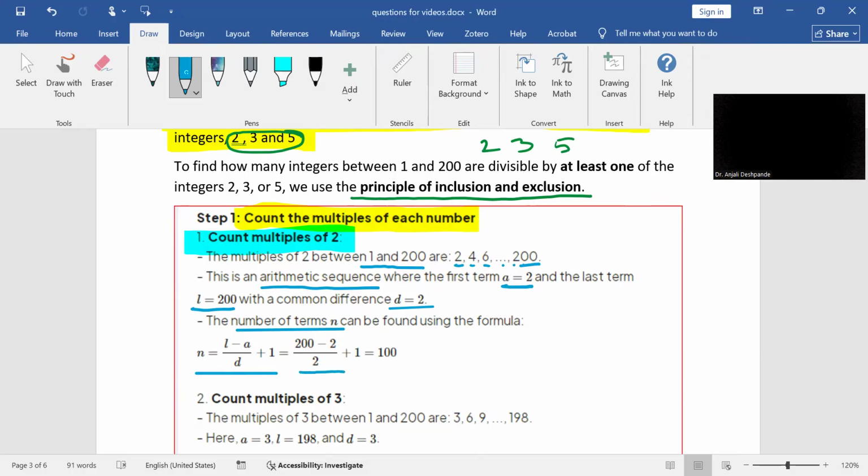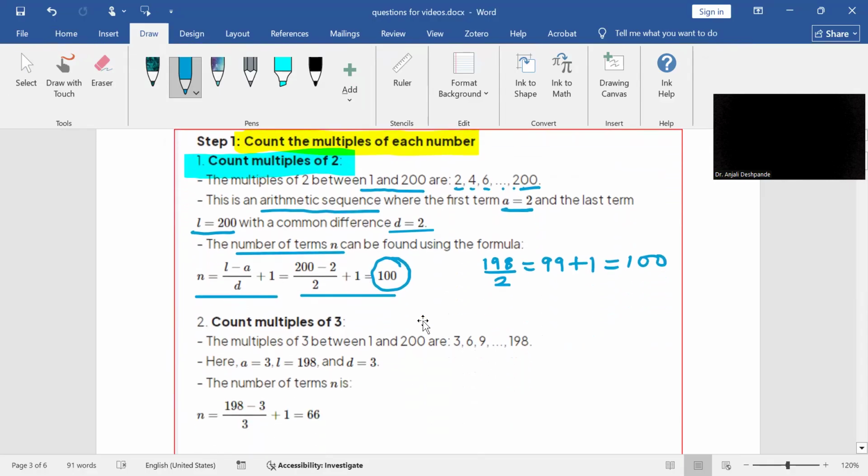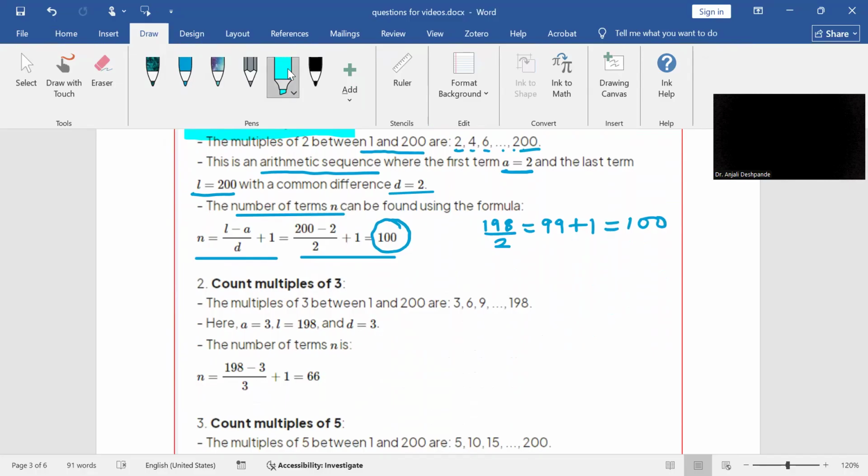So here we are calculating (200 minus 2) divided by 2, plus 1. 200 minus 2 is 198, divided by 2 is 99, and plus 1 gives us 100. So in short, there are 100 numbers which are multiples of 2 between 1 and 200.